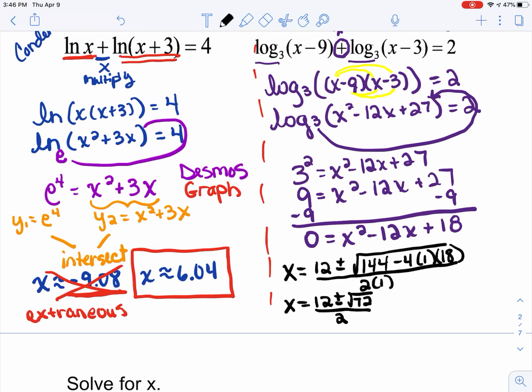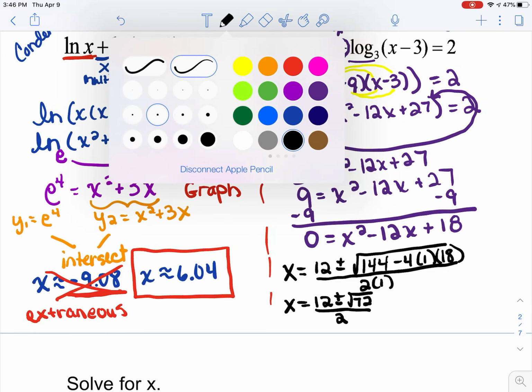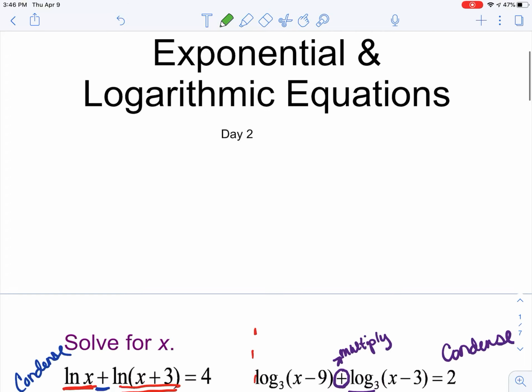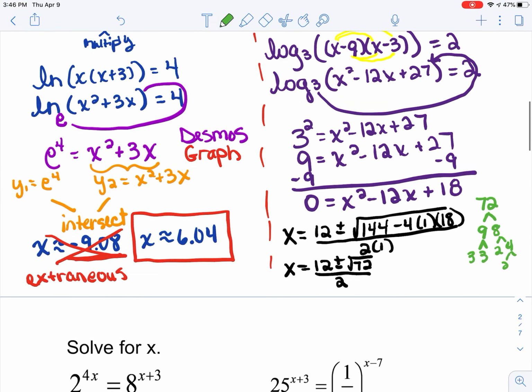I know you miss me. We're going to take that 72 and break it down into 9 and 8, 3 and 3, 2 and 4, 2 and 2. Ooh, 2 and 2. So I have a pair here and I have a pair here.